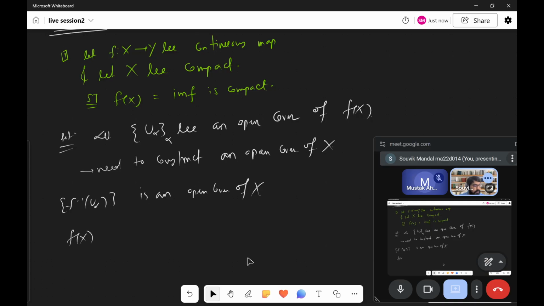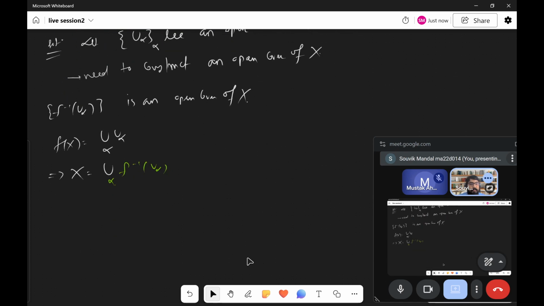Because f(X) equals the union of U_alpha, this implies X belongs to the union of f inverse of U_alpha, so X equals the union of f inverse of U_alpha.